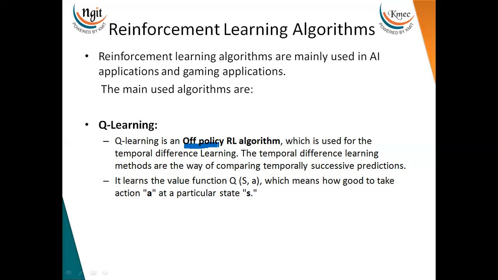So we are going to store that in a table, and according to that, how much business will be generated, how much financial benefit will be generated, that we can estimate. So such algorithms are called off-policy RL algorithms, and Q-learning is one such algorithm.